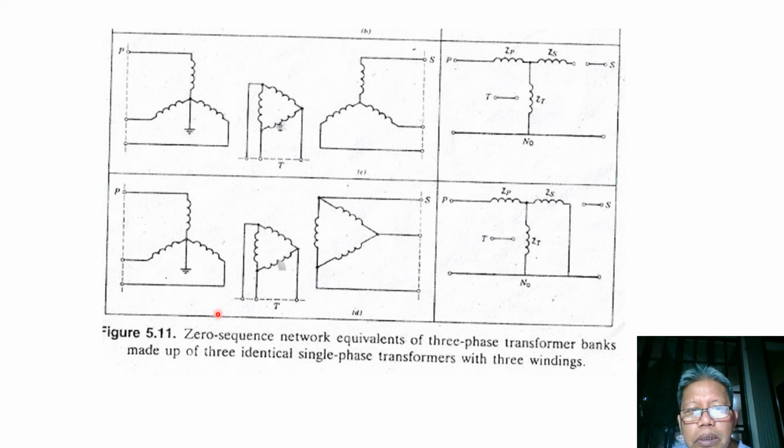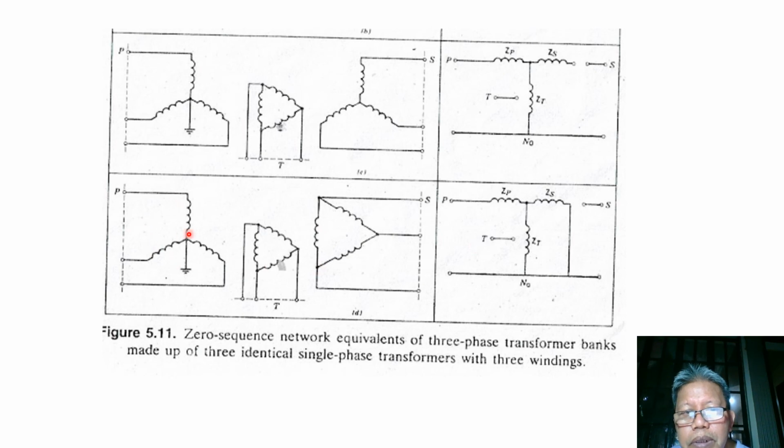Now for the next connection where we have grounded Y at the primary, delta connected secondary, and delta connected tertiary, our equivalent circuit would be this.